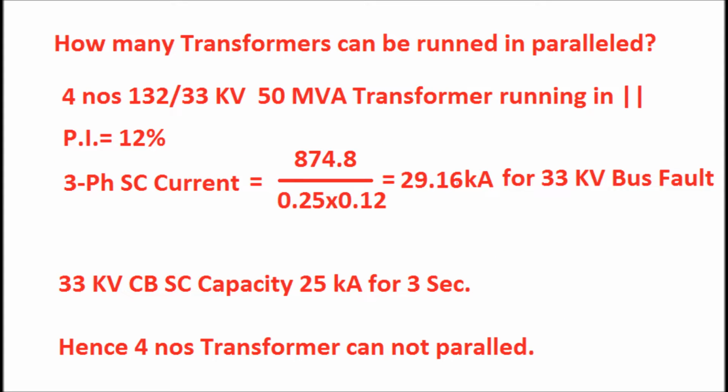Since the 33 kV circuit breaker short circuit capacity is 25 kiloampere for 3 seconds, if four transformers are running in parallel, in case of a bus fault this breaker cannot withstand this short circuit current. So in that case, there is a limitation on the transformers running in parallel. So four transformers cannot be paralleled.